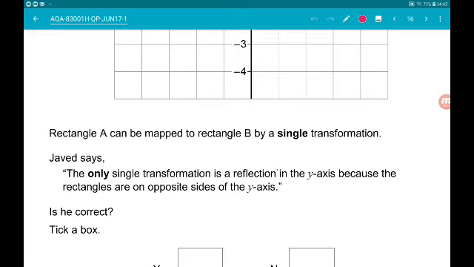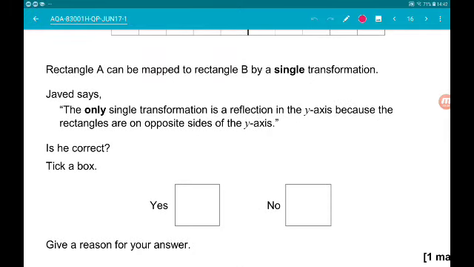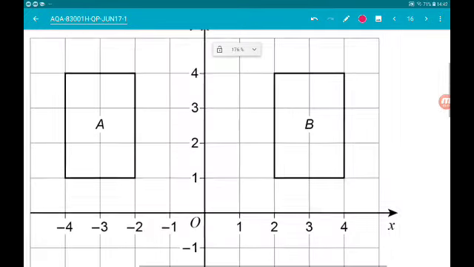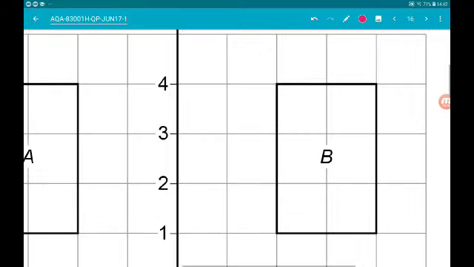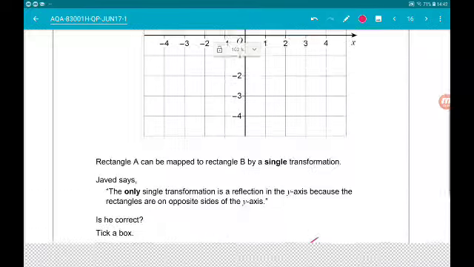Is Javed correct? Tick a box. No, he's not. We could also map A onto B using a translation. So it'd be a translation right by 1, 2, 3, 4, 5, 6 places.